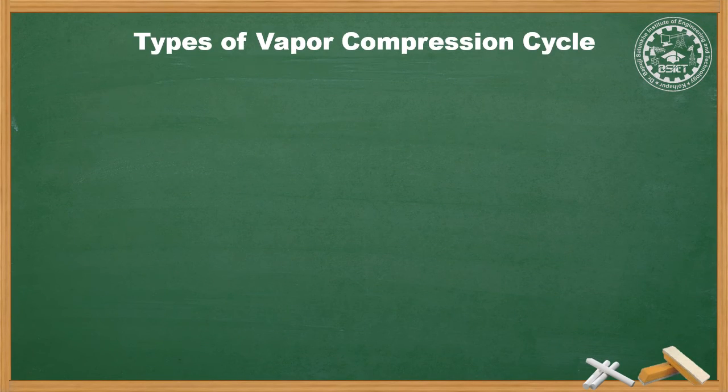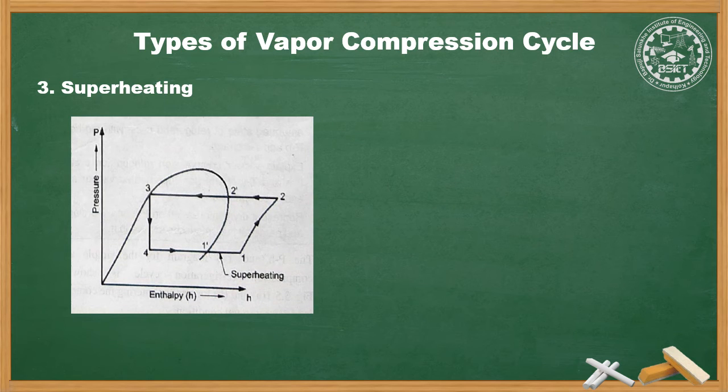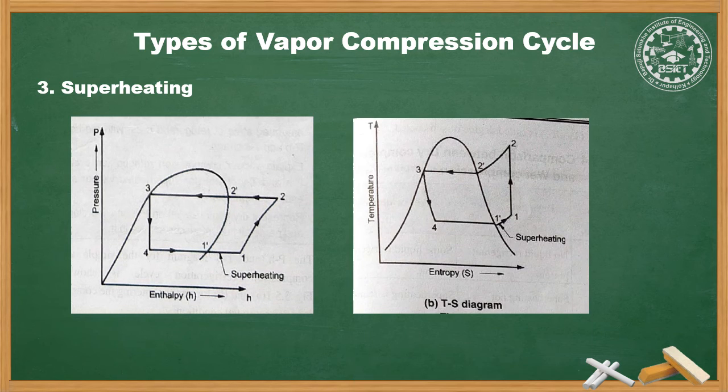The third type of vapor compression cycle is superheating. The PH and TS diagram of the simple vapor compression refrigeration cycle with superheating is shown in the figure below. Superheating of the suction vapor of the compressor is advisable in practice because it increases the life of the compressor.